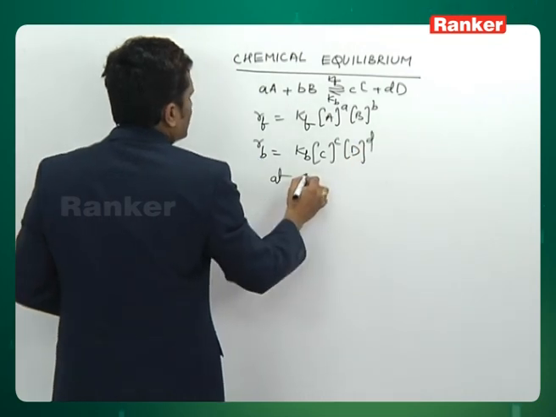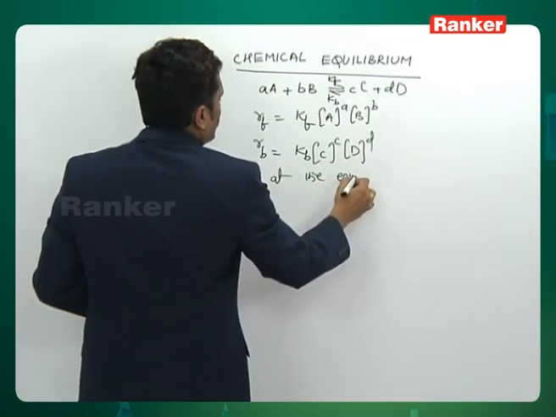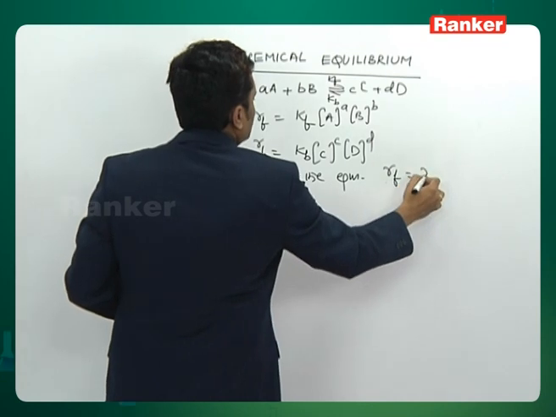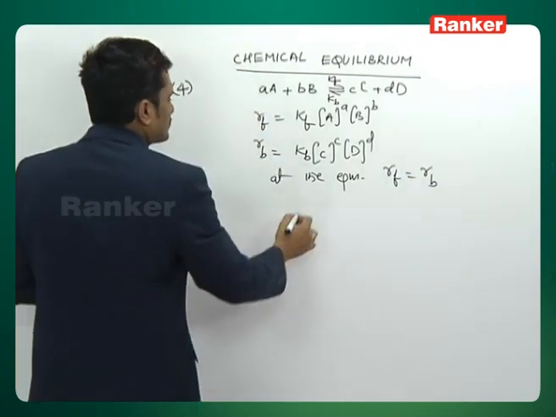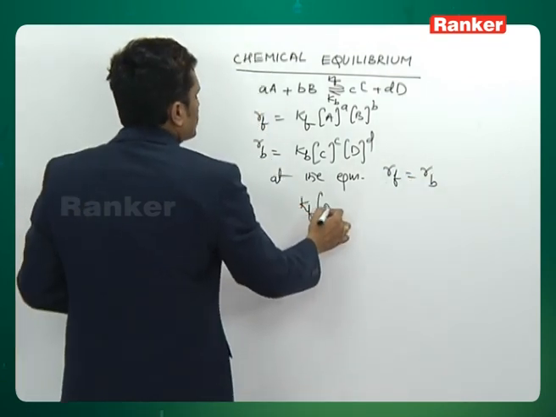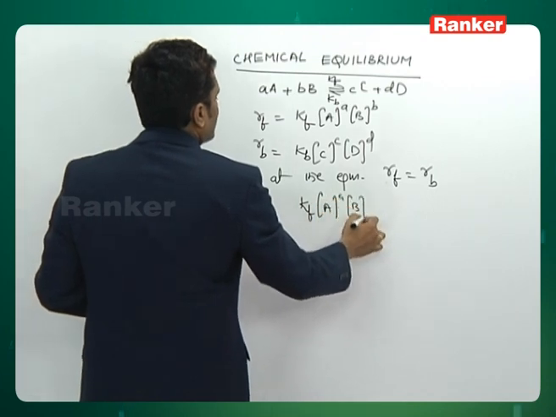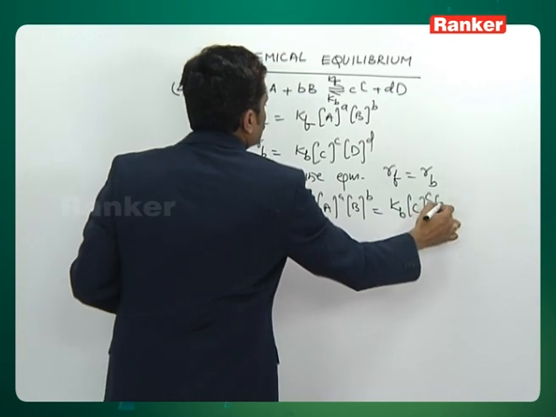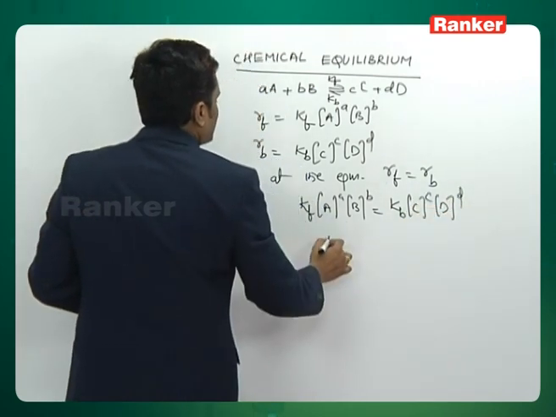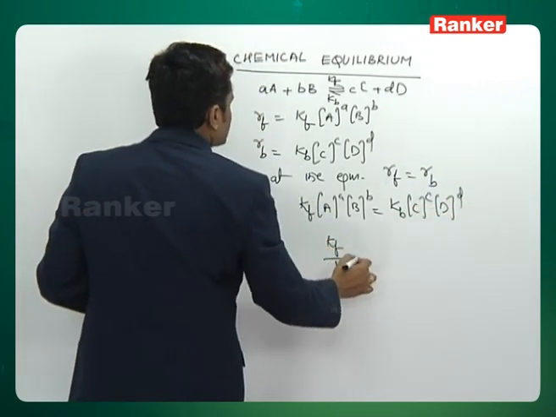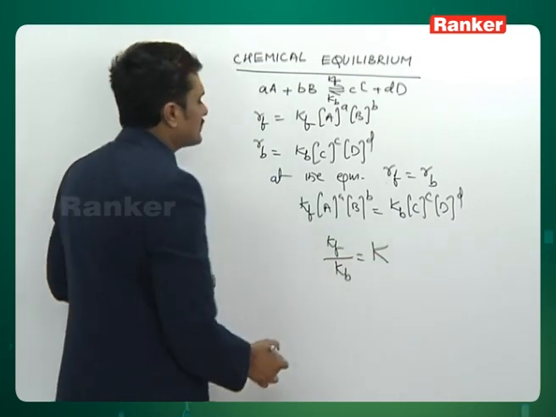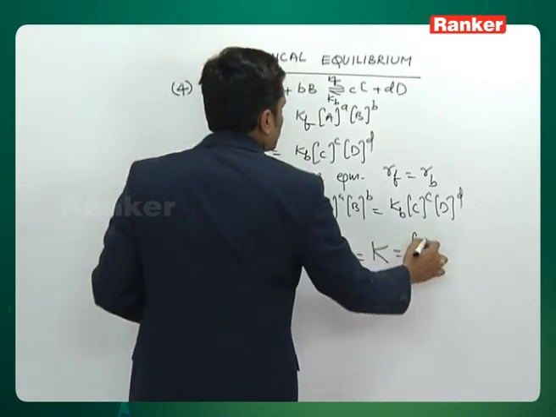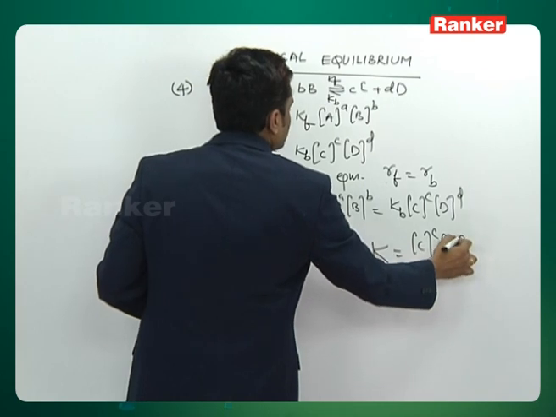So at the equilibrium, as we all know that rate of forward reaction equal to rate of backward reaction, hence Kf into [A]^a [B]^b is equal to Kb into [C]^c into [D]^d, or Kf upon Kb, which is nothing but the equilibrium constant K is equal to this, which we are aware of.